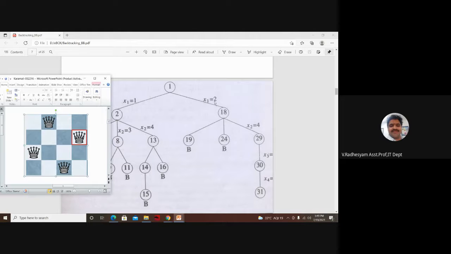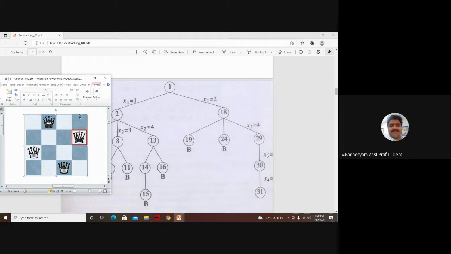x1 is equal to 2. So Q1 is placed in the second column. This is Q1. Q2 is placed in the fourth column. This is Q2.